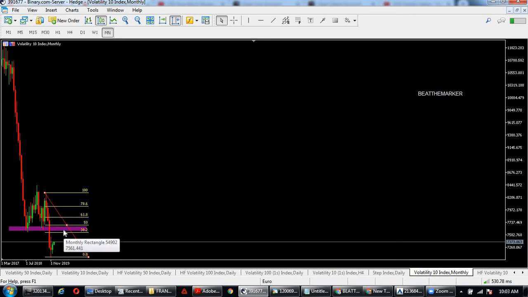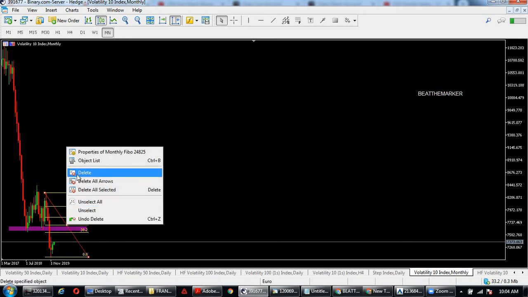And that's aligning well with the 38, in between the 38.2 and the 50 Fibonacci levels. So yes, this zone would be my take profit for every buy opportunity I'm considering in the next couple of weeks and months.